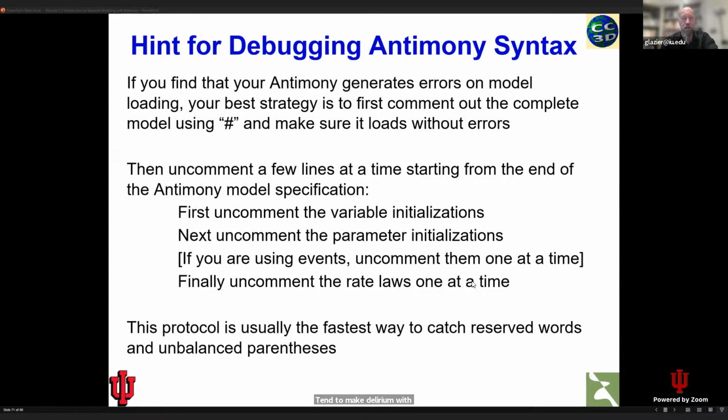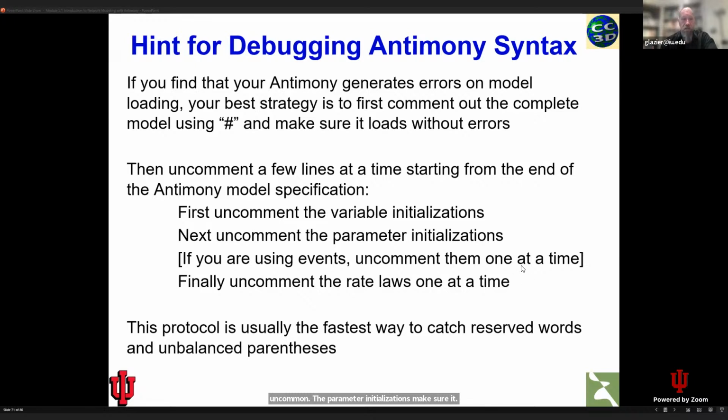If you're going to debug Antimony, the best thing to do, and it's boring, is to comment out the entire model with hashes at the beginning of every line. Make sure it loads without error. Then uncomment the variable initializations and make sure it loads without error. Then uncomment the parameter initializations and make sure it loads without error.